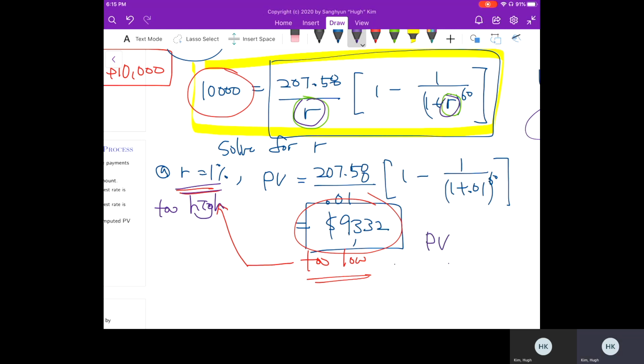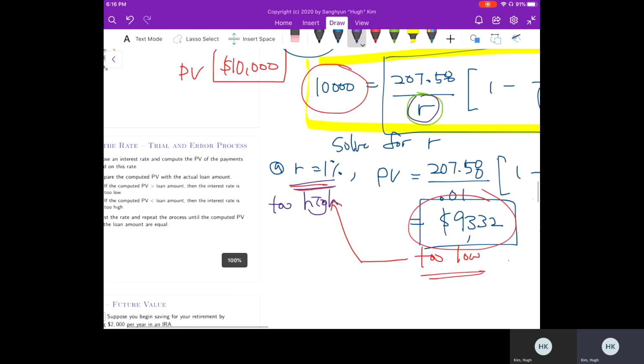So the present value and interest rate move in opposite directions. If the present value is too low, my interest rate guess is too high, so I'm going to have to revise my guess down.